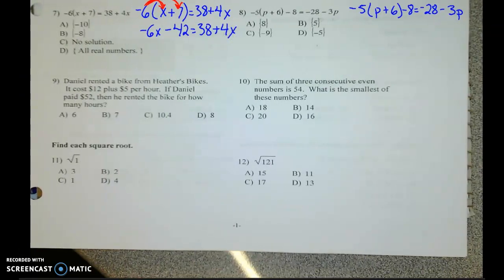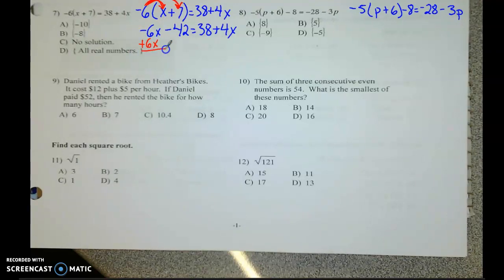Okay, now looking for a like term. Right now I can't simplify on either side, but what I do need to do is start collecting terms on the same side. I need to move x's to one side and the constants to the other side. So to be able to do that, we're going to move this 6x.